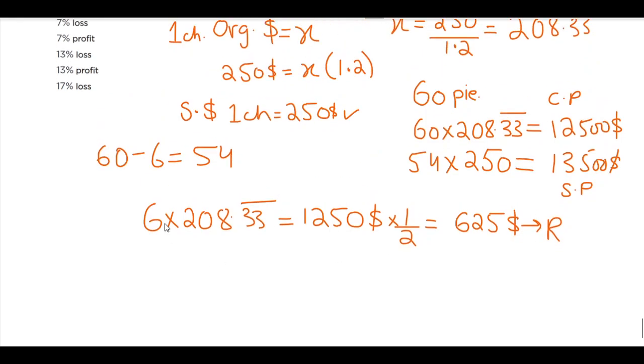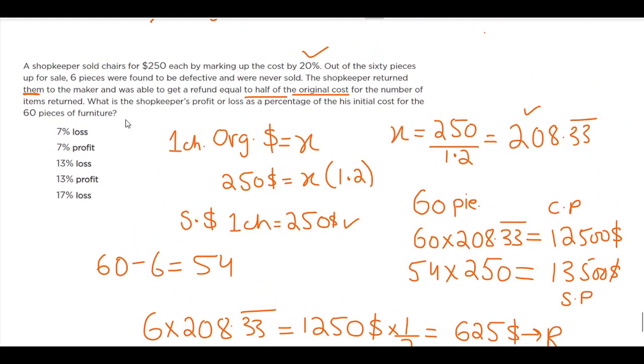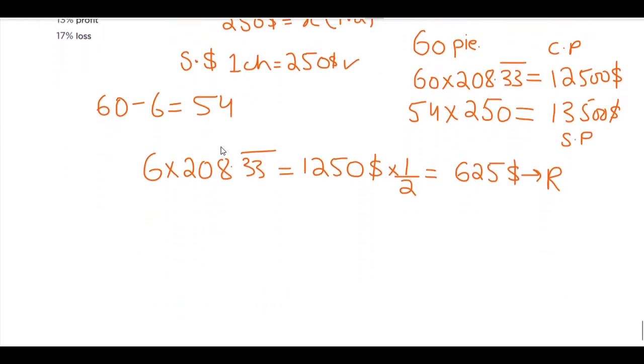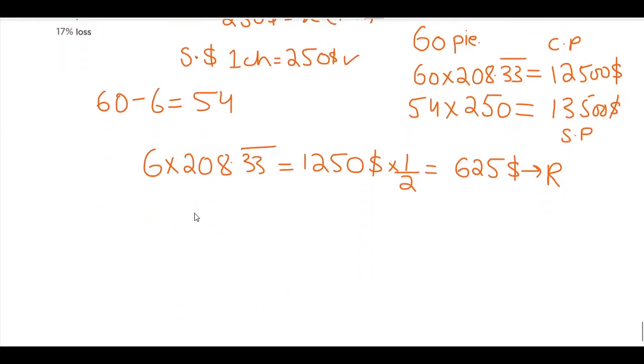So now, what is the question asking me? What is the shopkeeper's profit or loss as a percentage of the initial cost for the 60 pieces of furniture? When you're talking about the profit, you're talking about the sale price or the revenue minus the cost price plus a certain return that he was able to get.